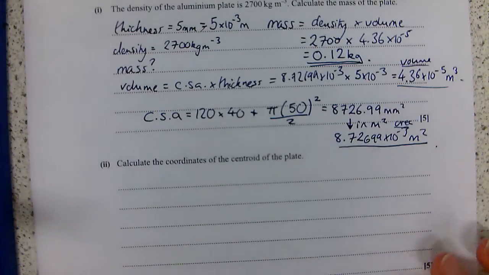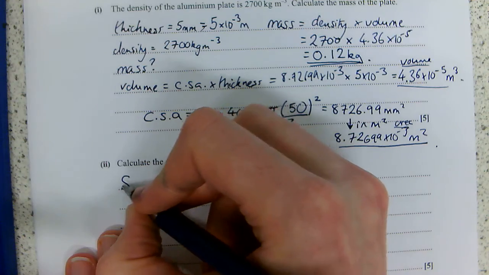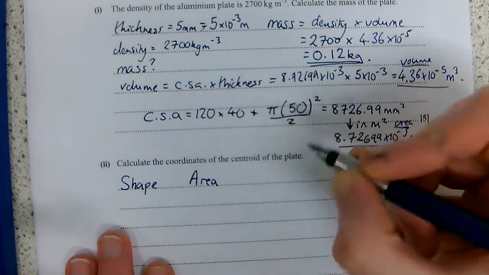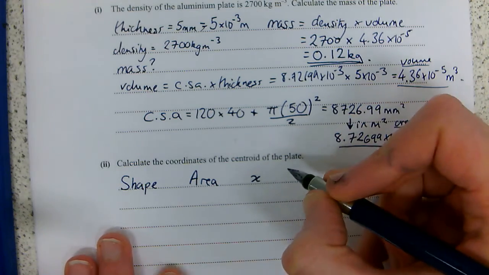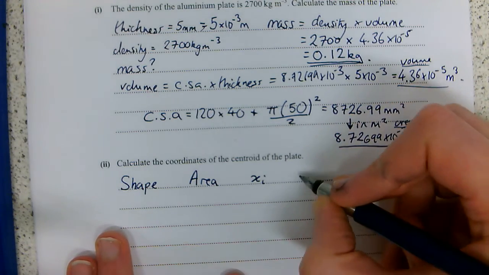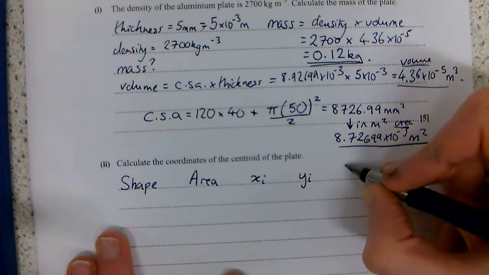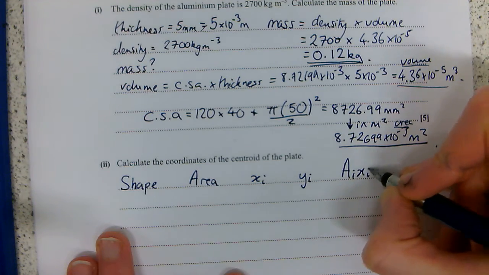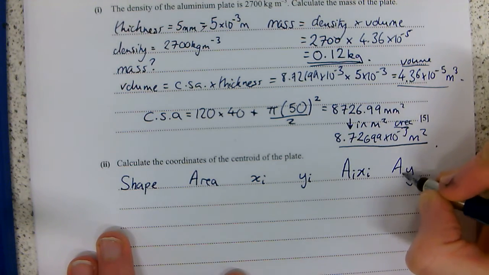Then, in our working space, we are going to set ourselves up a table. So it needs the shape, we need the area, we need the x centroid coordinate, the y centroid coordinate, we need the area times the x centroid and the area times the y centroid.